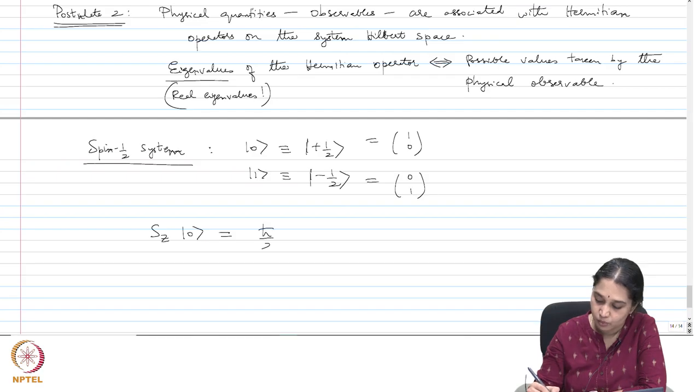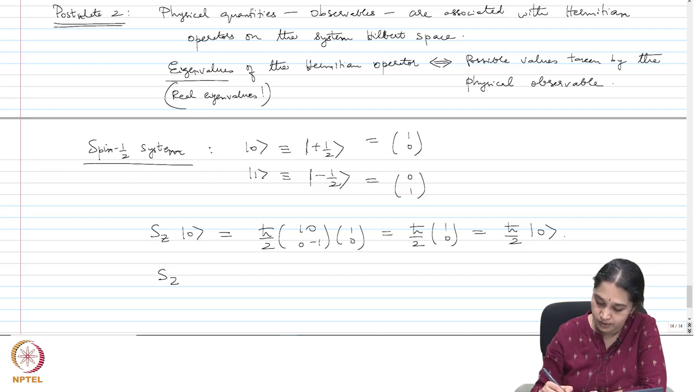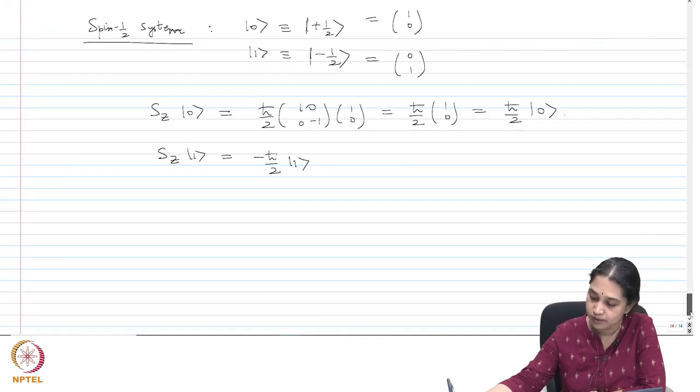I hope you can work this out and see that this actually does not do anything to the state, it leaves the state invariant. So this is simply h bar by 2 ket 0. Similarly, let's write down the action on ket 1, and again I leave it for you to check that Sz acting on ket 1 will be minus h bar by 2 ket 1.